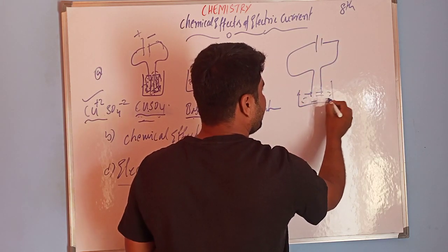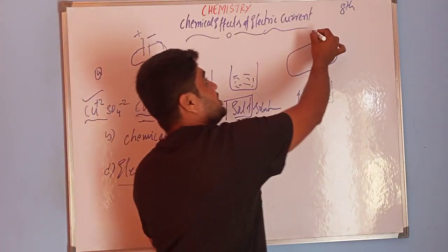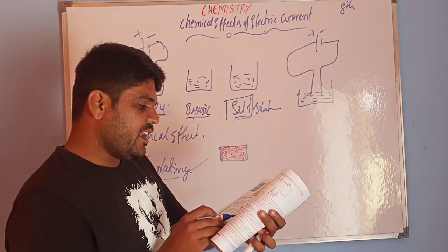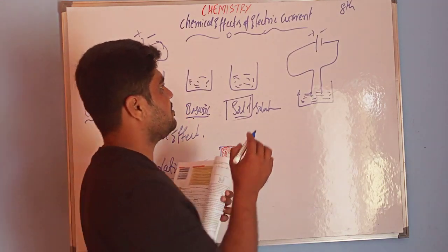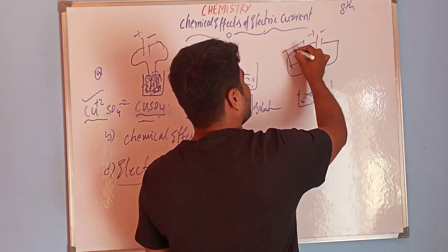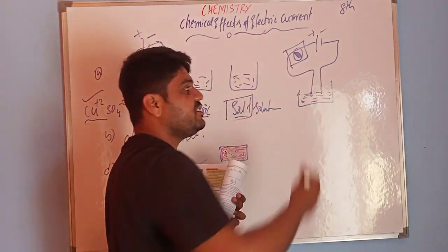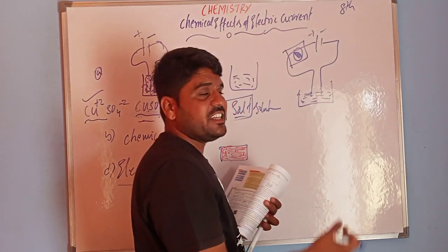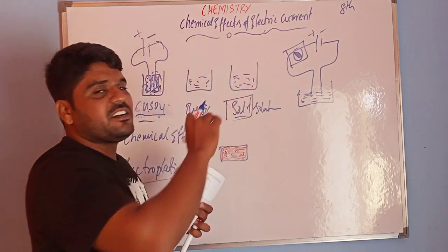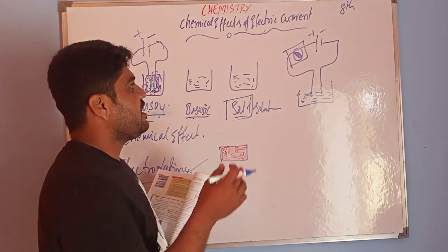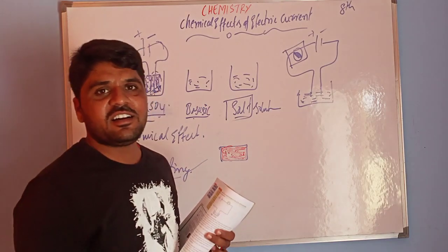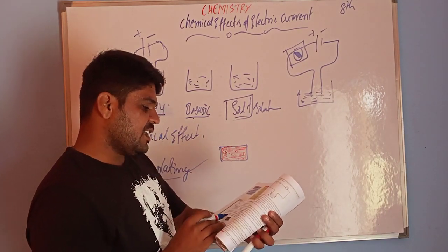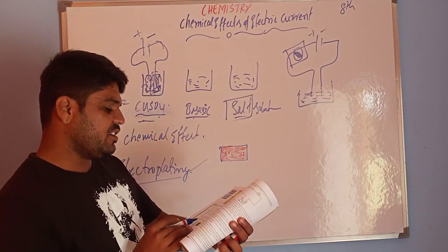In this, liquid is there. This is a positive terminal and this is a negative terminal. This is a tester. When the liquid conducts electricity and the circuit is complete, then only the magnetic needle shows deflection.